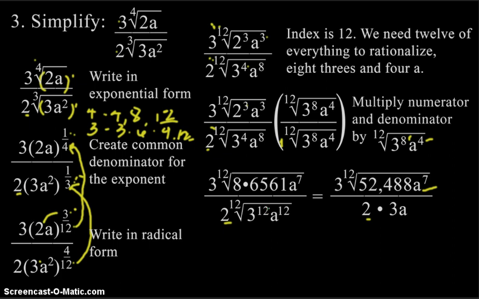Tapos yung 3 raised to 12, cancel natin yung 12. Meron tayong 3 na lalabas. A raised to 12, tapos cancel natin yung 12 dyan. So, meron tayong A na lalabas. So, simplify natin. 2 times 3A. So, meron tayong 6A.